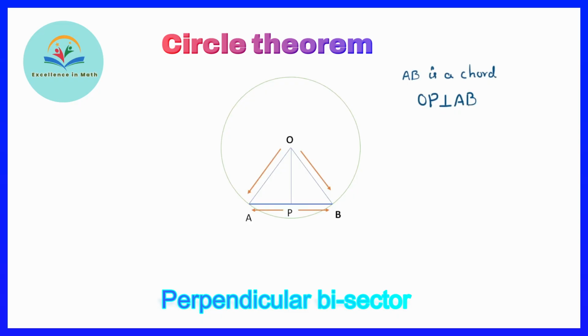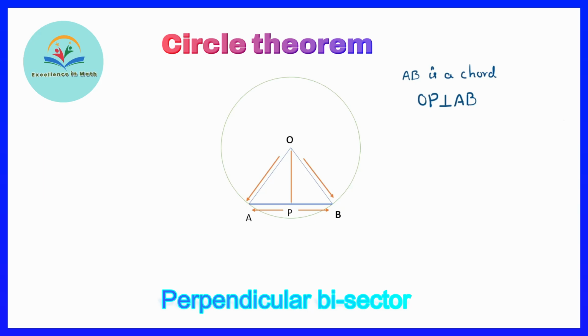Also we can observe OA and OB are the two radii of the circle. Here the radius OA is equal to the radius OB. Also OP is the common side to the two triangles APO and BPO.